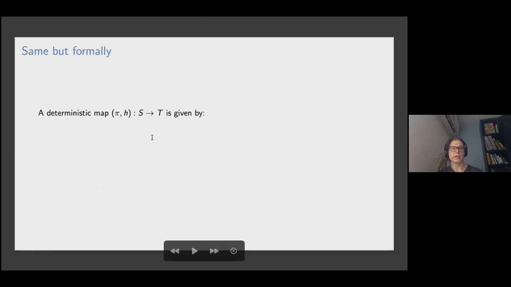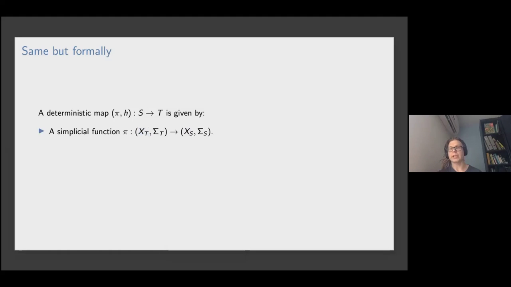More formally, you have two things when you have a map from S to T, a way of building T out of S. You have a function from measurements of T to measurements of S. It should be a simplicial function, meaning that it preserves compatibility of measurements.